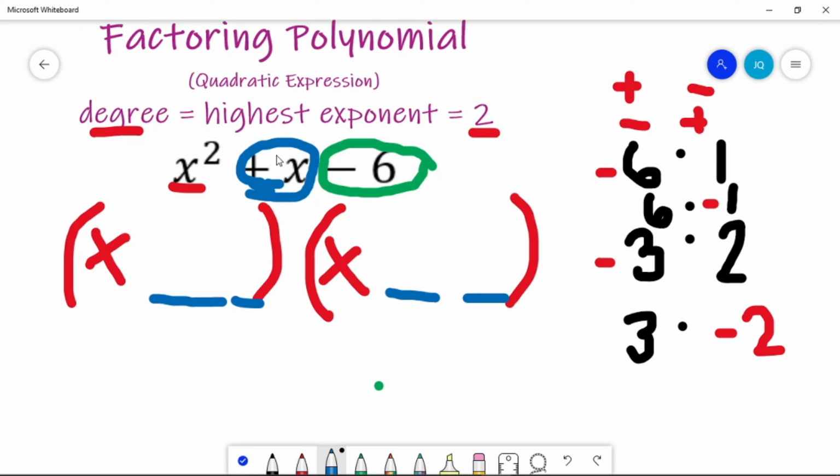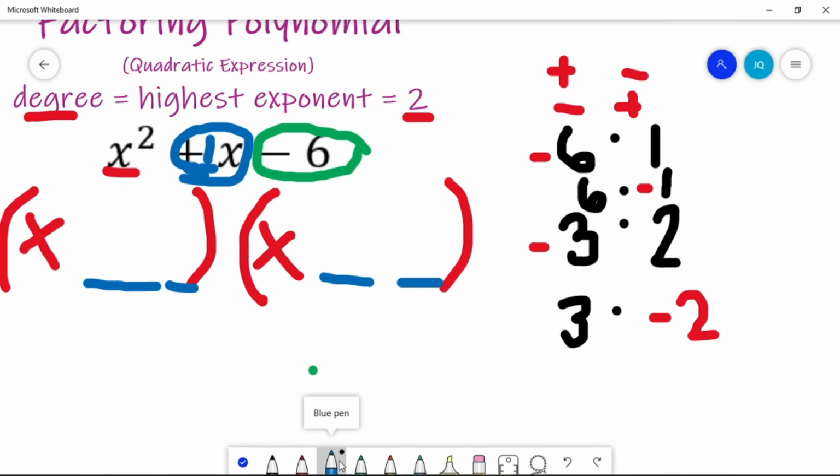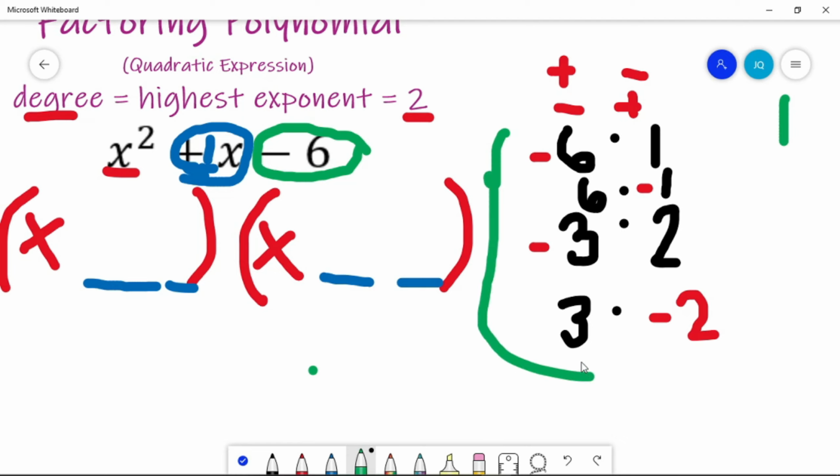It means there is an invisible 1. So the number that will help us determine the value is positive 1. Which of the following factors, when you add, will be equal to 1?